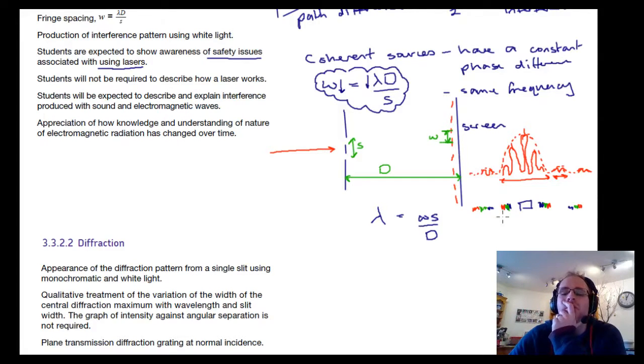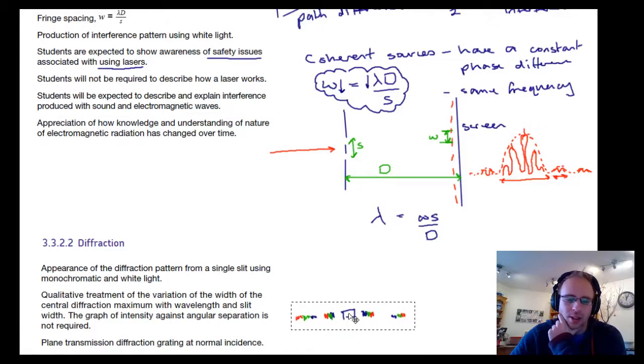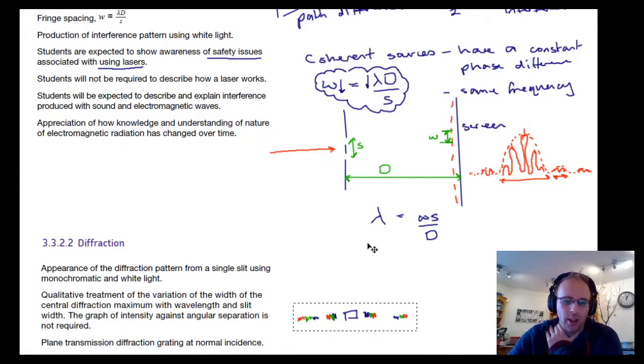Although that's not right. So what I'm going to do is save it for later, because when we talk about diffraction gratings, then we'll see that.